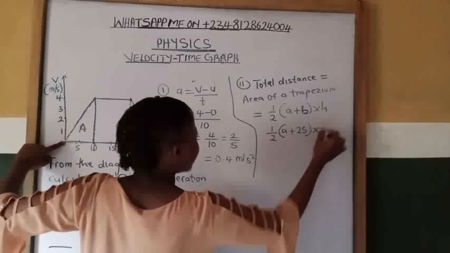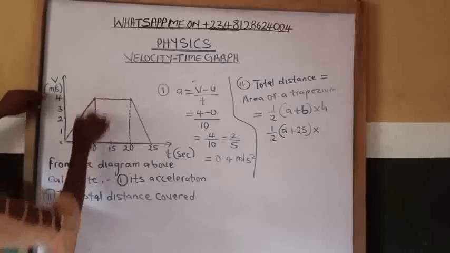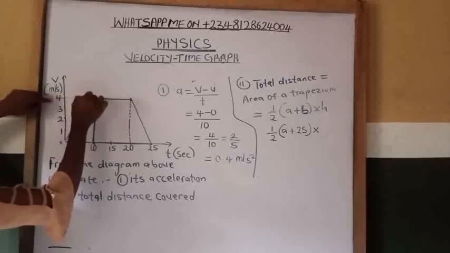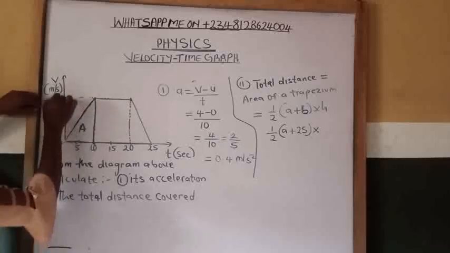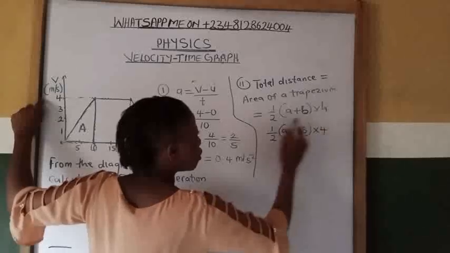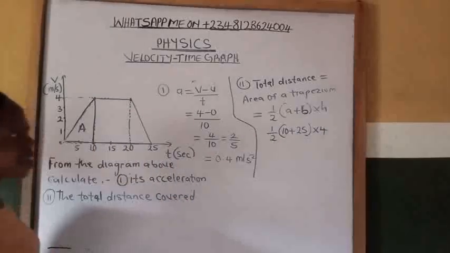times height. So the height of this shape, what is the height? From here down to this place is the height. So my height is 4, from 0 down to this place. Sorry, this one is 10.